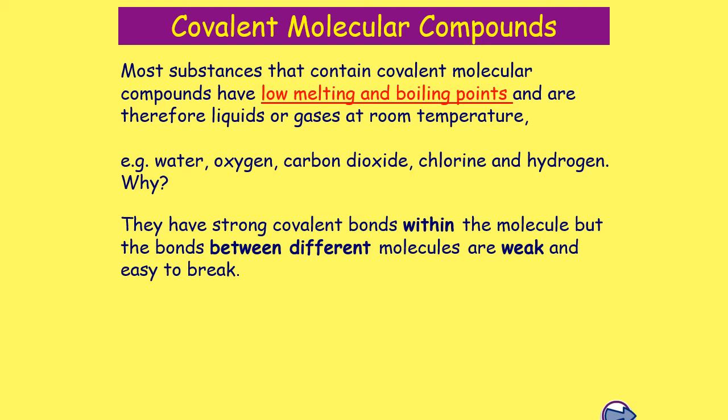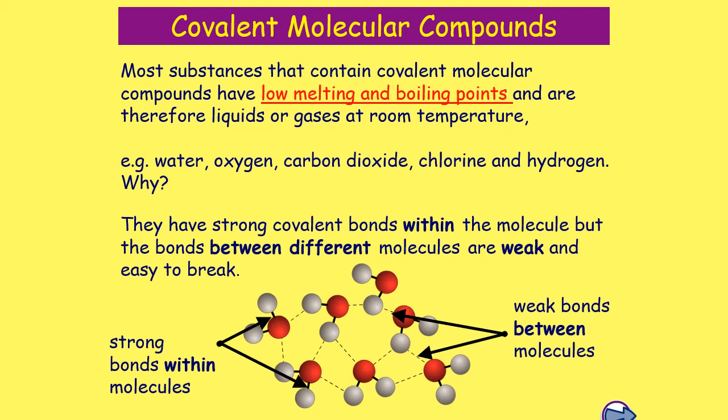You could separate one water molecule from another. And that means that it's weak and easy to break them apart. And that's what we're looking at. Whenever you're melting something or boiling something, that's you trying to pull one molecule away from another molecule. And where you have molecular covalent bonding, that's very easy, which means that you have low melting and boiling points.